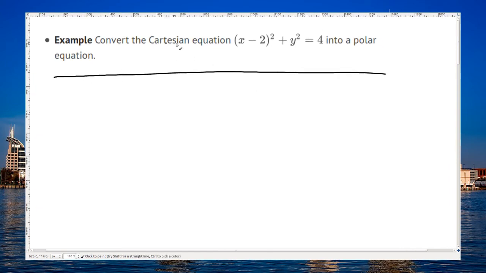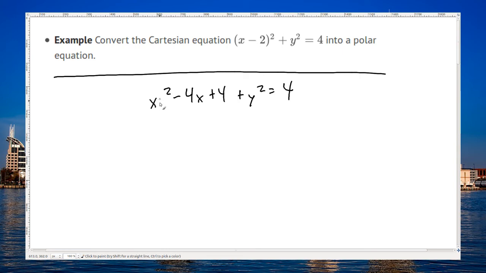So if I want to convert the Cartesian equation here into a polar equation, let's see what I can do. I'm going to go ahead and maybe multiply out that square here. That would become x squared minus 4x plus 4 plus y squared is equal to 4.